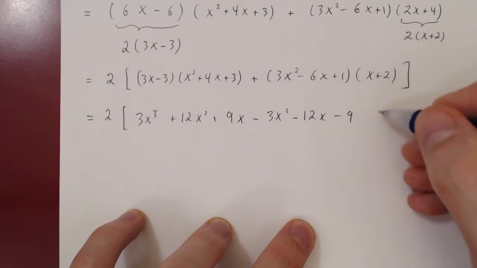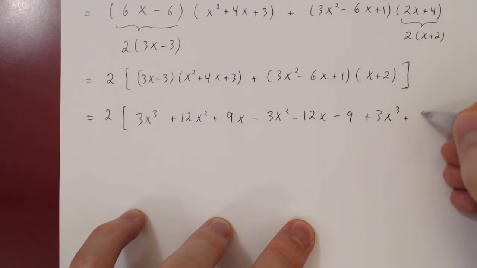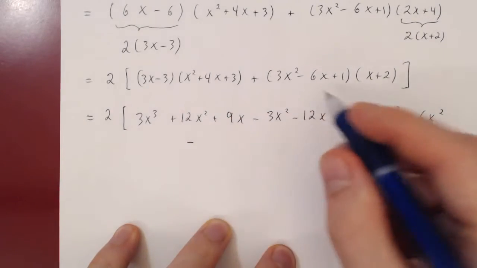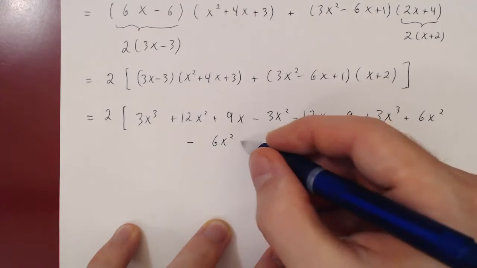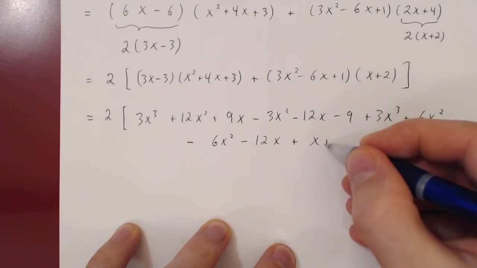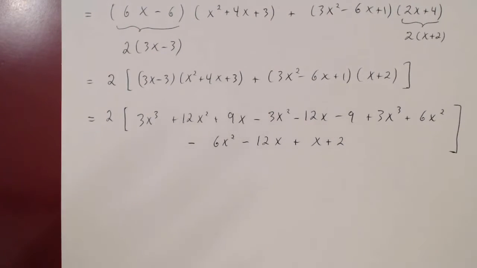So 3x squared times x plus 2, 3x cubed plus 6x squared, minus 6x times x, 6x squared, minus 12x, and finally plus 1 times x plus 2, plus x plus 2. It's not pretty, but it's a cubic polynomial.